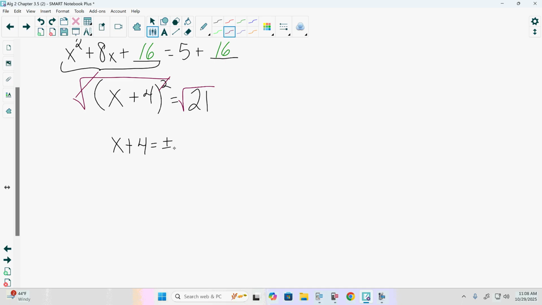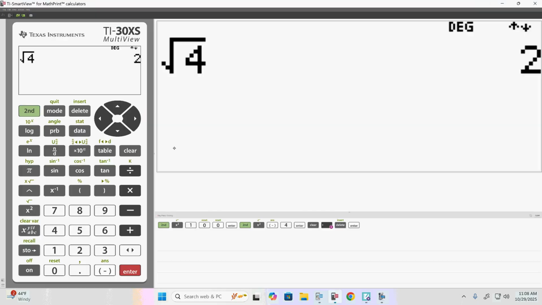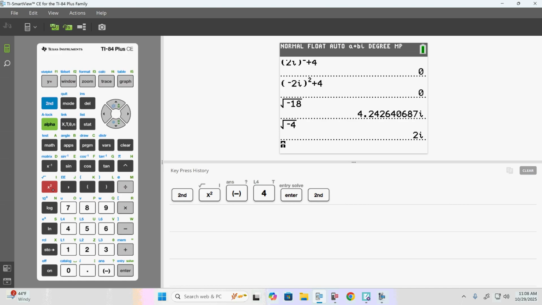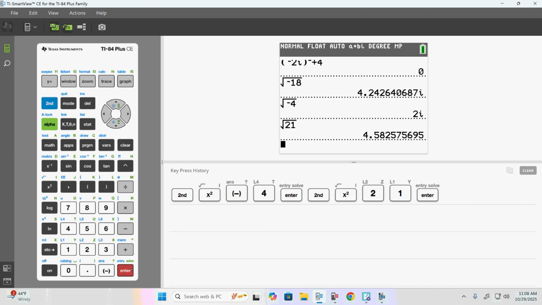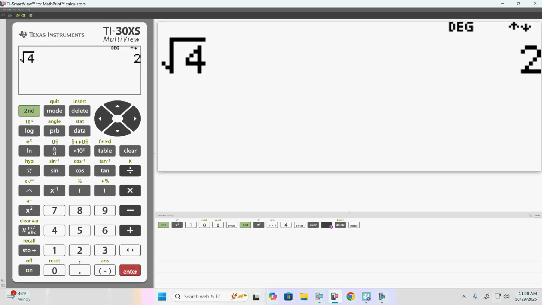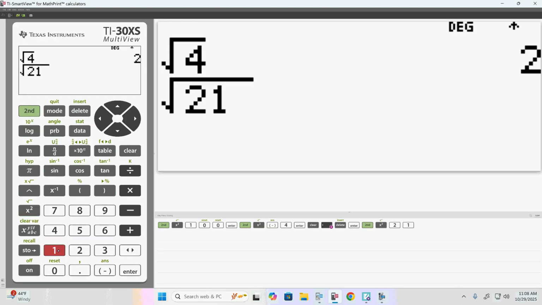Now at this point here, we're going to simplify the square root of 21. So if we take the graphing calculator, take second square root 21, we do indeed get 4.582575695. And what that tells us is that 21 is not a perfect square. There's not a number times itself that gives us 21.